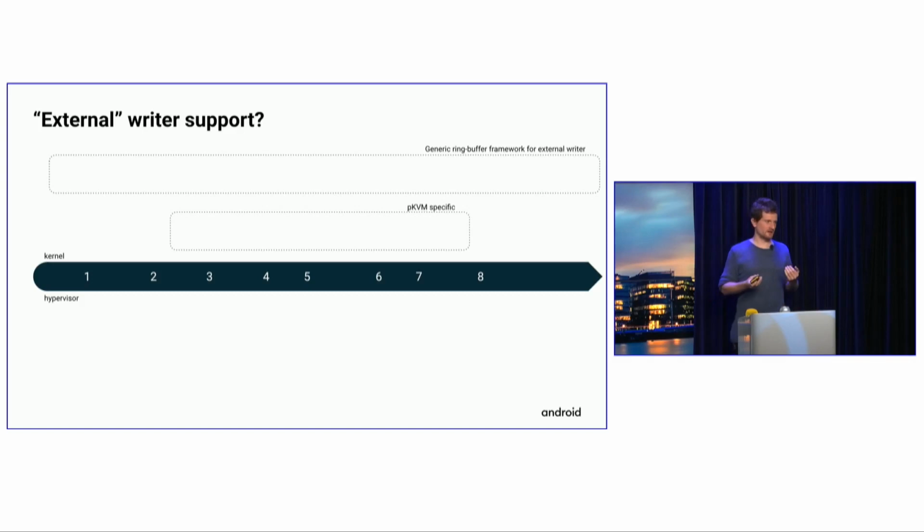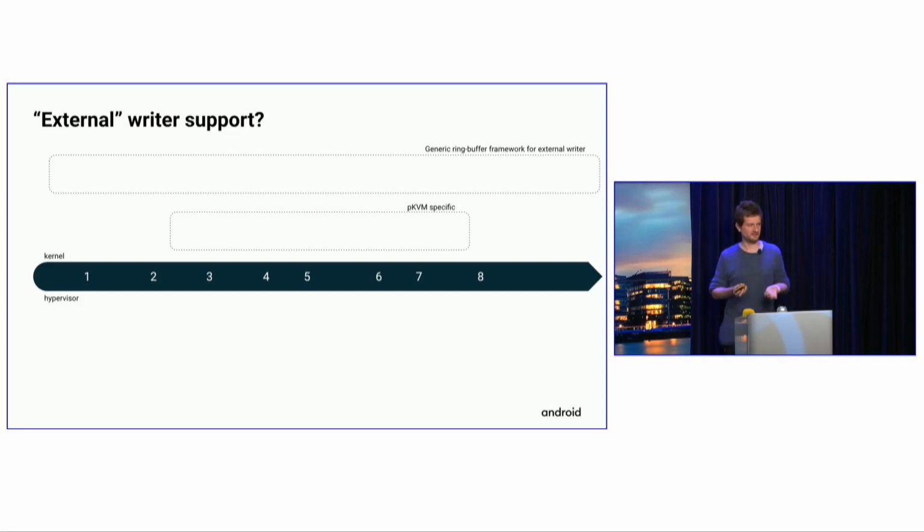All right, let's try to summarize everything with this timeline. You have on top of this timeline the kernel part, on the bottom the hypervisor part. I separated what are quite generic operations, as this could be applied to any external writer, that's how I called it, and the bit which is really pKVM specific.